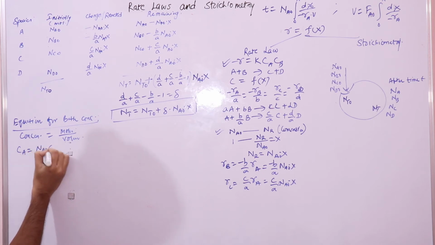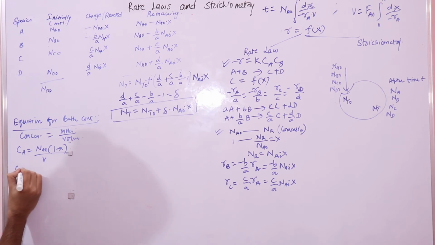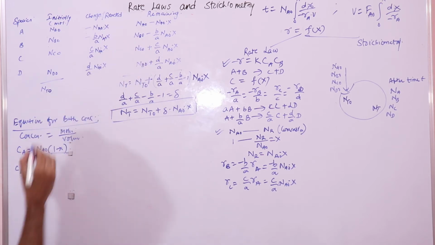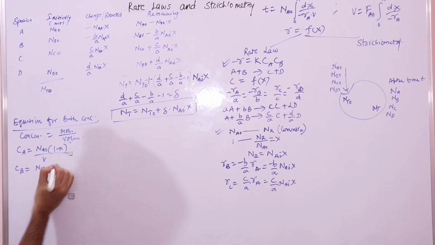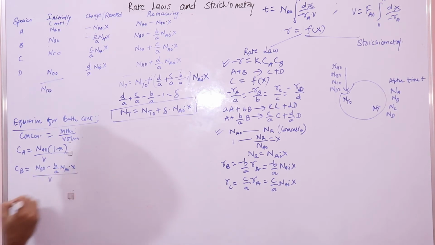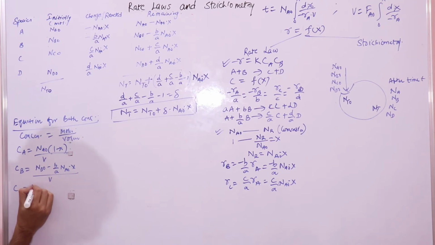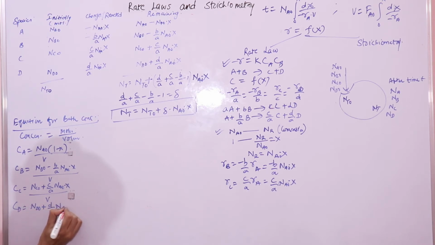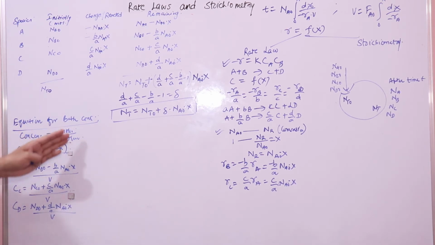So Na0 (1 minus x) upon volume V. Similarly, the concentration of B would be Cb equals Nb0 minus B upon A Na0 x, divided by V. Cc would be Nc0 plus C upon A Na0 x divided by V. You have Cd equals Nd0 plus D upon A Na0 x divided by V. These are the equations for batch concentrations.